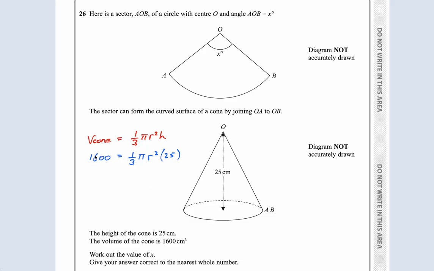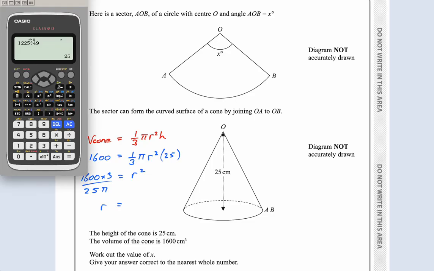Now I'm going to multiply by 3, divide by 25, and divide by pi. So r squared is equal to, right guys, let me show you what I'm doing. I'm going to multiply both sides by 3, 1600 times 3, and divide by 25 pi. And then r is the square root of this.